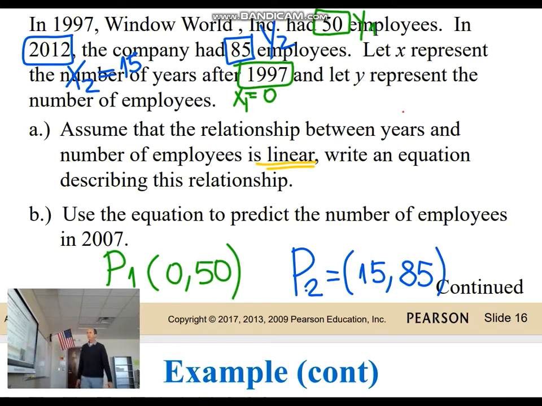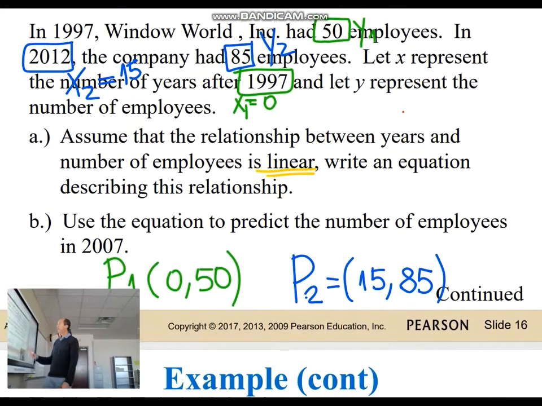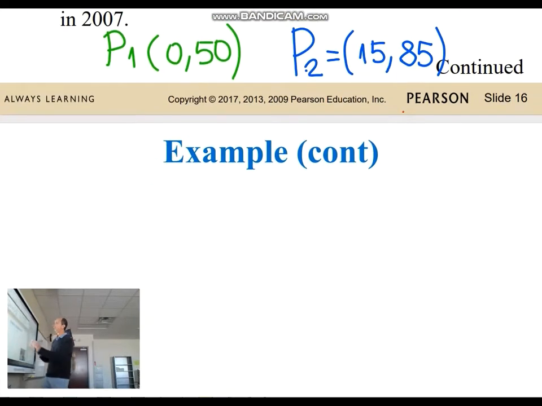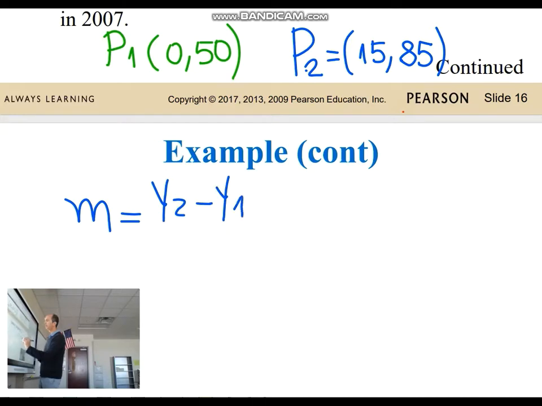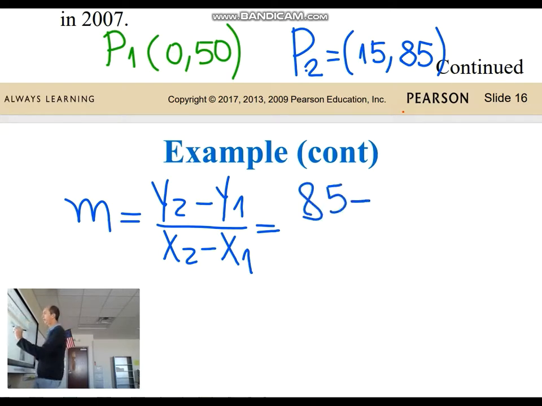After you identify the 2 points that you have available, the coordinates x1, y1, x2, y2, you are going to be able to calculate the slope, because the slope equals y2 minus y1 over x2 minus x1, right? And that's going to be y2, 85 minus 50 over x2, 15 minus 0.